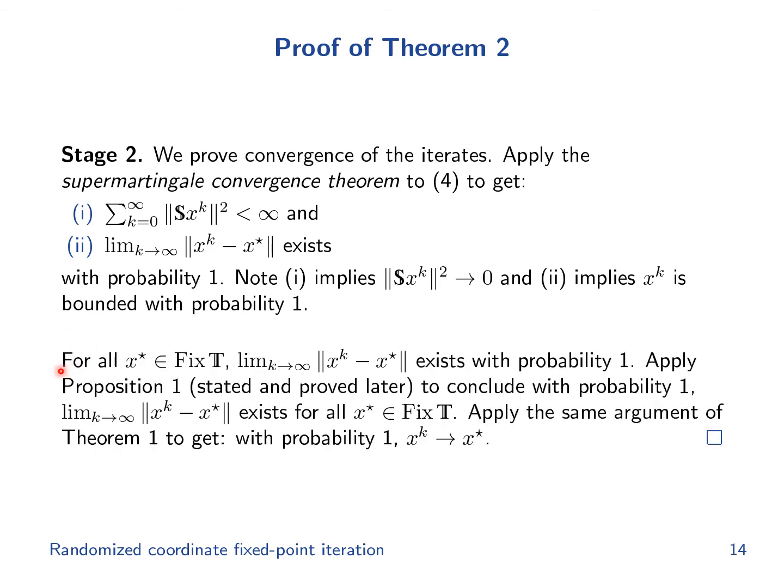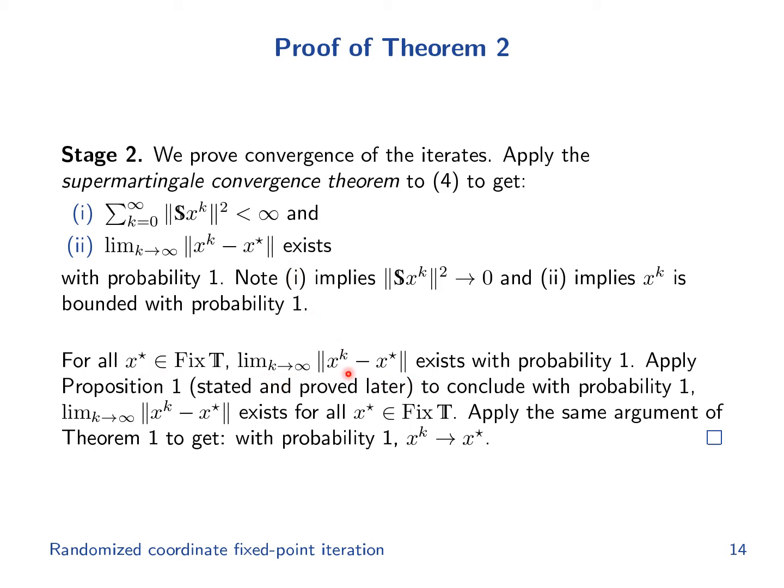In stage 3, which we missed the title for here, we're going to apply two arguments to get the main results of Theorem 2. The first argument is regarding the sequence. When a fixed point set has multiple fixed points, picking a fixed point x star defines a sequence.